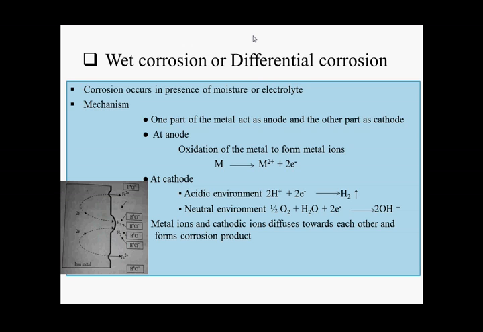So that is the mechanism of wet corrosion, more or less the same as dry corrosion, but the only difference is the corrosion product is not formed on the corroded place of the metal, but some place away from it, somewhat close to the corroded area. Okay, that's the mechanism of wet corrosion.